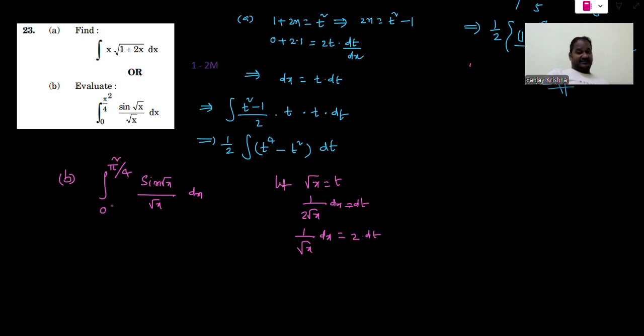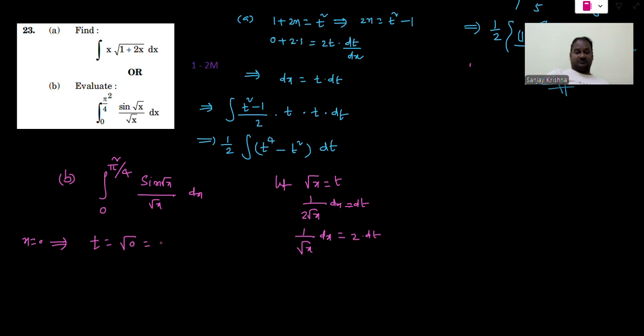But as it is having limits, simultaneously you have to change the limits also. How are you going to change the limits? Now see, root x is equal to t, right? x is equal to 0 as well as x is equal to pi square by 4. So when x is equal to 0, then t is equal to what?